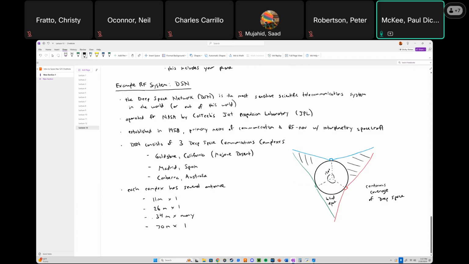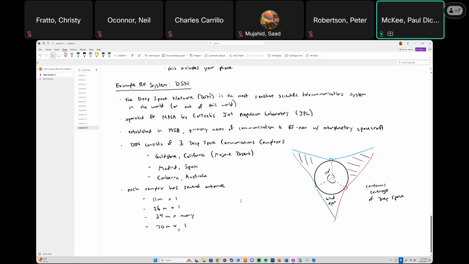Now, some of you might have heard, and this is probably old news by now, that the Australia 70-meter dish was down for a couple of months for renovations or repairs. And during that time, we lost communication with Voyager until it came back up again, which people were upset about. They're like, well, we want to hear from Voyager, where'd it go?